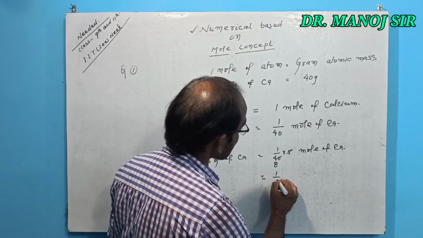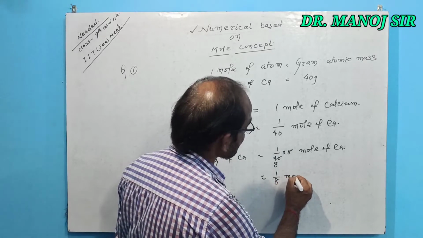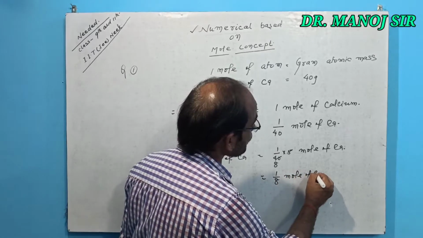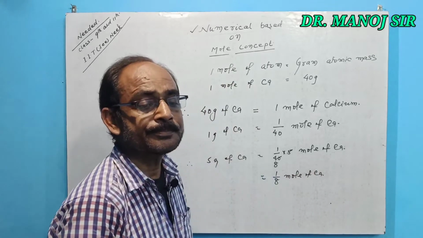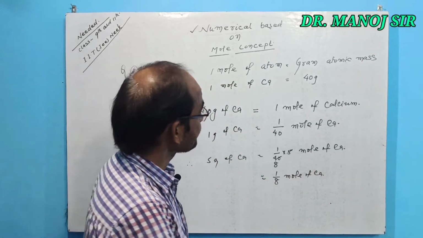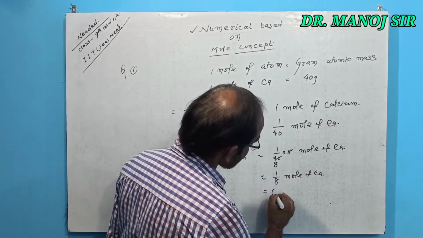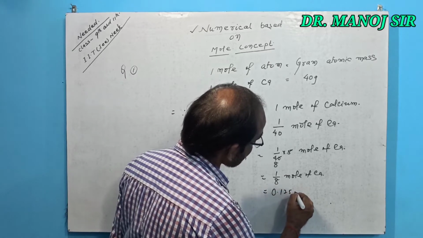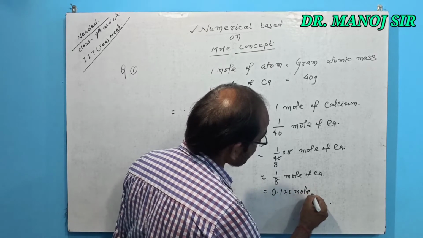Therefore, 1 by 8 mole of Ca, that is 0.125 mole.